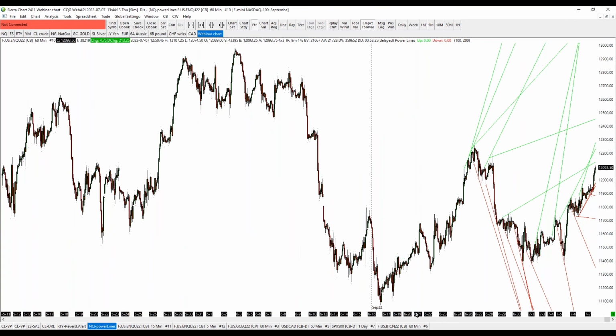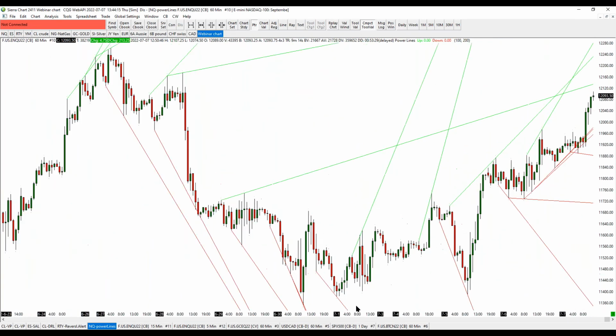These lines here. First of all, where do these lines come from? Do you see the support, the massive support here for the NASDAQ? You see it, right? This is a power line. Of course, you can change it. I'll show you. First of all, this and this have created a power line, and this has created a power line.